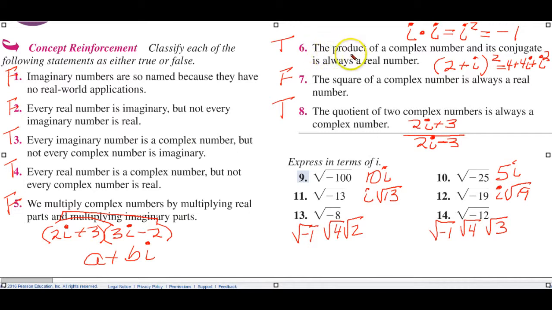Number 6, the product of a complex number and its conjugate is always a real number. And we see that down here when we multiply this by its conjugate.